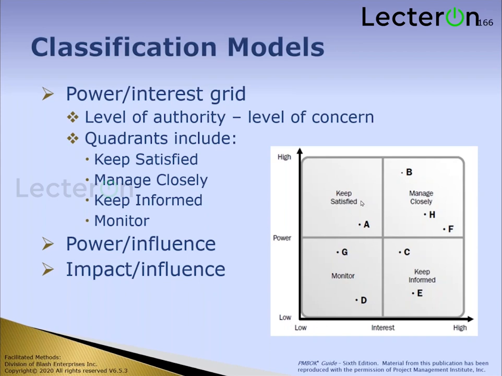Okay, you have somebody up in this top left-hand quadrant. They don't care a whole lot about the project, but they have a lot of power. The idea is keep them satisfied, meaning figure out how much they really want to know. And this is a good example where, if I go back to my text messaging, TMI, too much information.